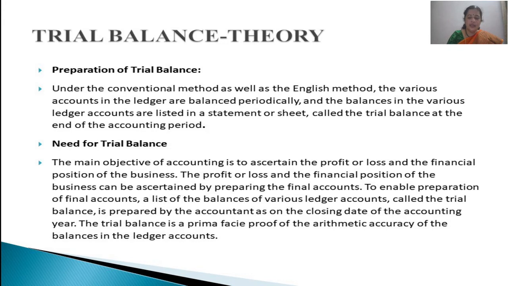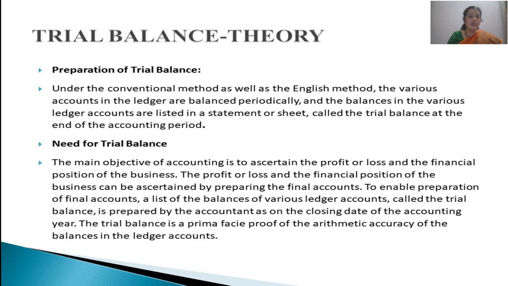After you take out the debit and credit balances from all the accounts, you do write all the debit balances in one side, and even the credit balances of all the accounts on the other side. And the debit balances column total should be the same as credit side totals.